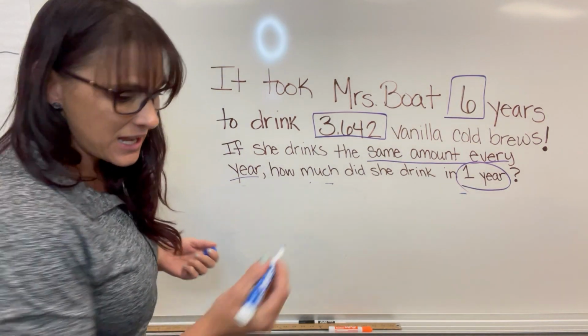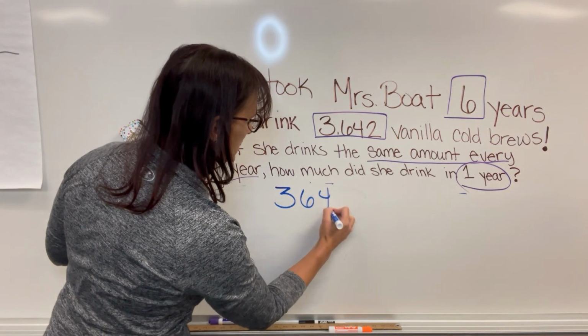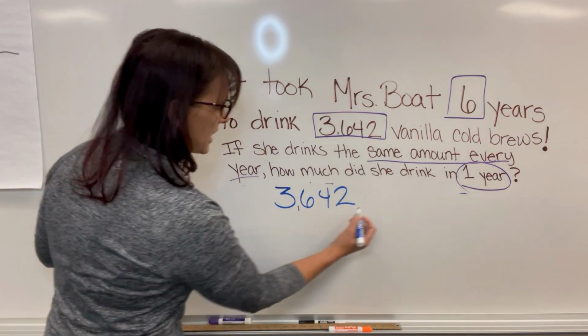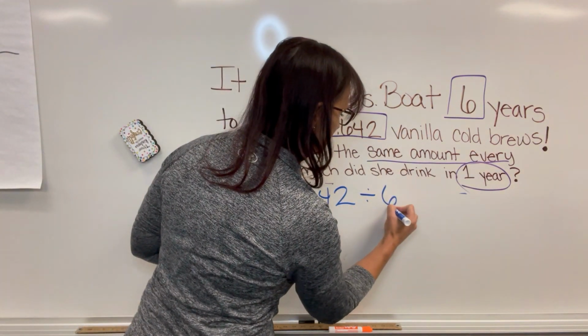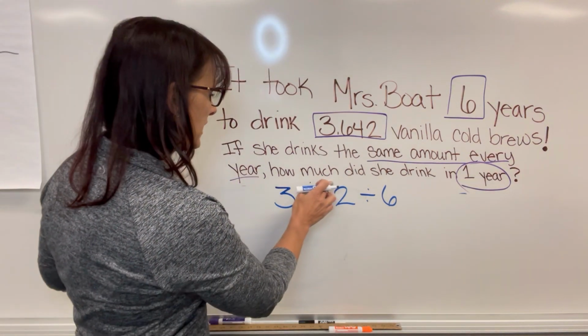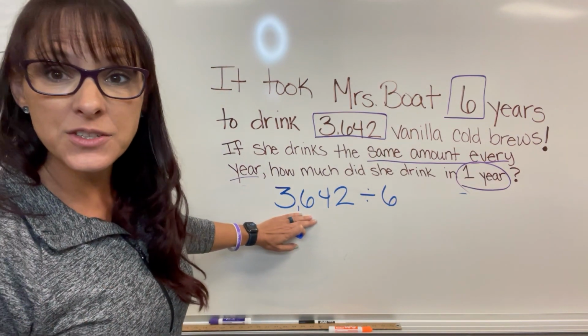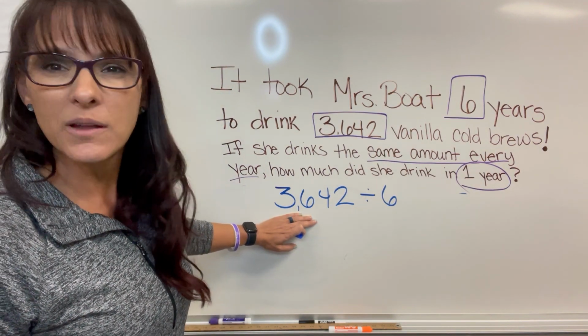So if I'm going to take 3,642, and I'm going to divide that by 6, I'm going to break it up into smaller chunks. So I know I'm going to stick with taking my hundreds and my thousands. That's typically what you would do here.